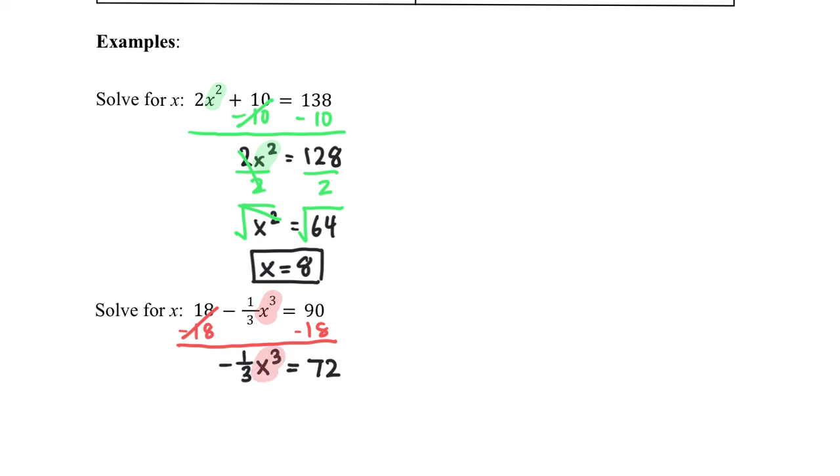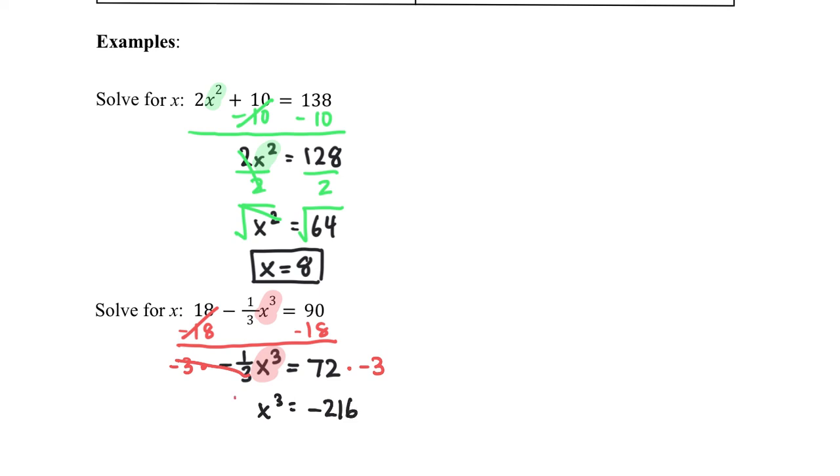Want to get x to the third by itself. You could divide both sides by negative 1/3 if that's what you're used to, or you can multiply both sides by negative 3. It's the same thing. Either one, divide by negative 1/3 on both sides or multiply by negative 3 on both sides. These undo each other. I'm left with x cubed equals 72 times negative 3 is negative 216.